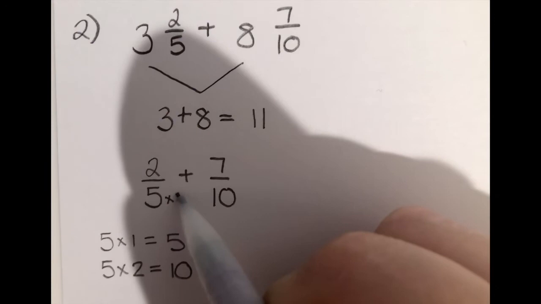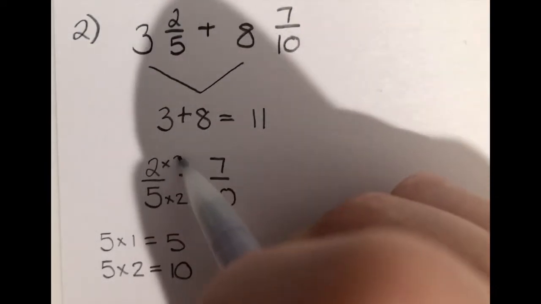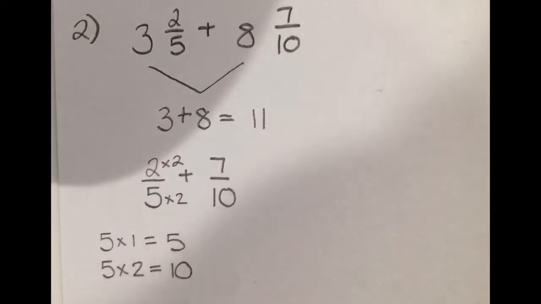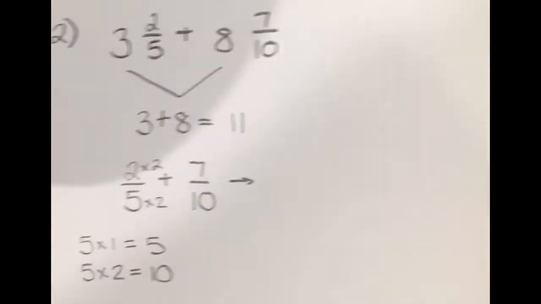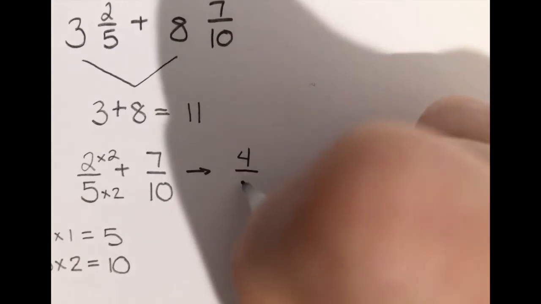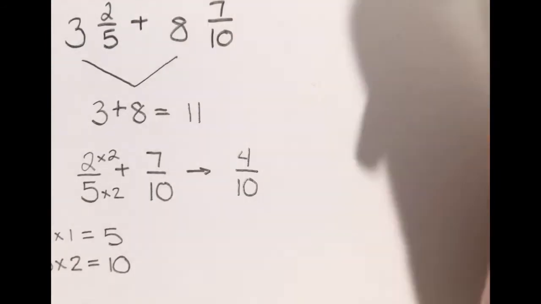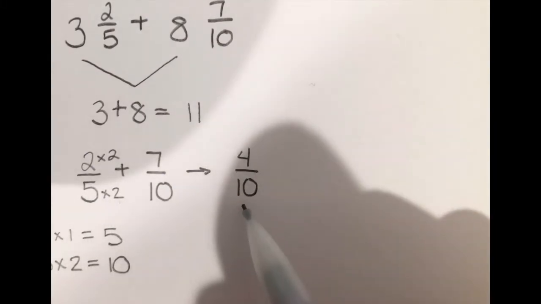That means we have to multiply the numerator and the denominator by 2 so we can get the same denominator. So we're going to draw our arrow and do 2 times 2, which is going to be 4. Then we're going to do 5 times 2, which is 10, and then have the addition sign and do 7/10.